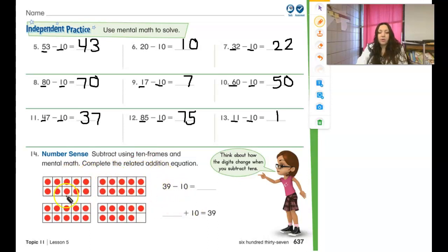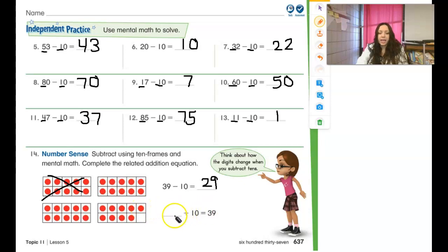So look, I've got 1, 2, 3 10s and 9 1s, okay? So 39, if I take one of those 10s off, then I'm left with how many 10s? 1, 2, and then how many 1s left over? The 9, that's right. But look at this problem.